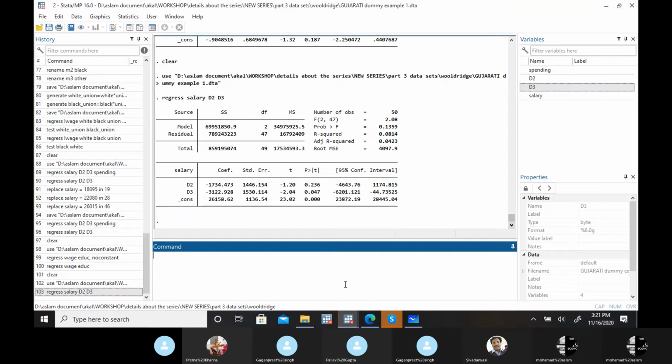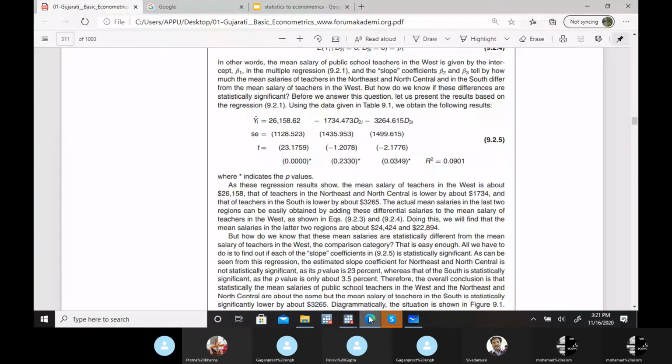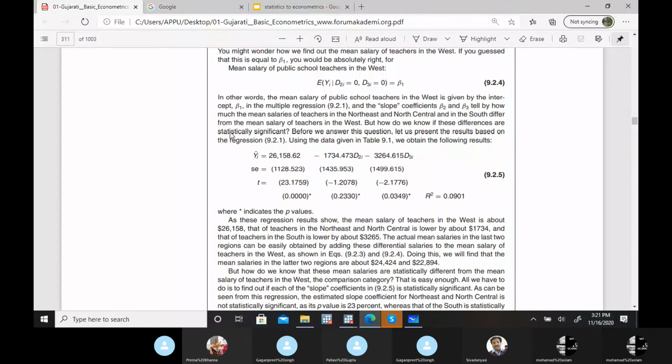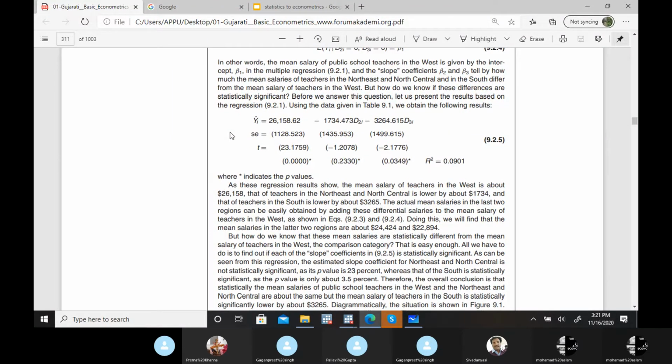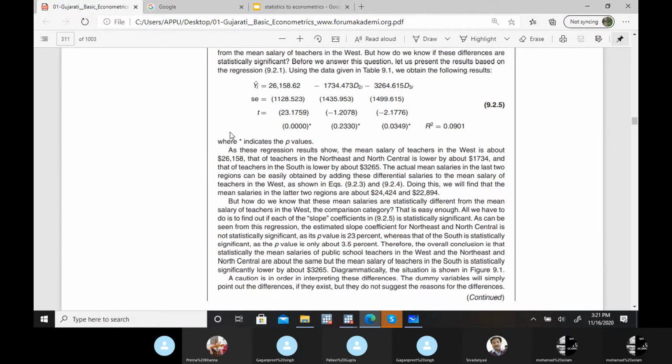So in this particular result, let's take this case. These are the regression results, right? So how do we interpret these results? The mean salary of teachers in the West is about 26,158.